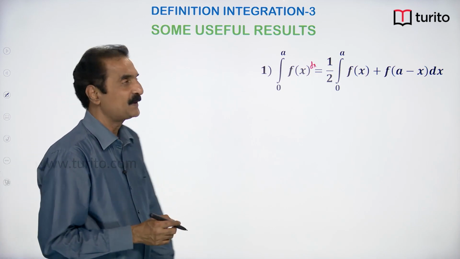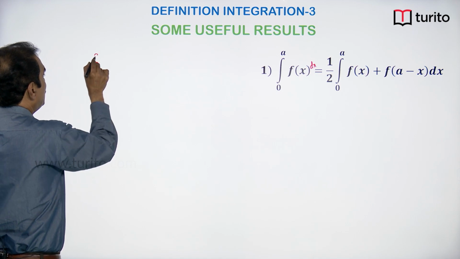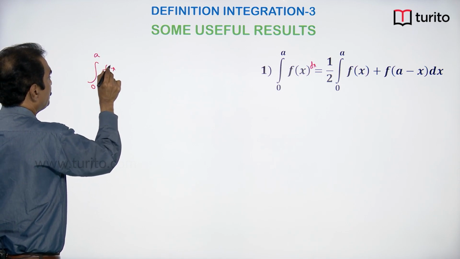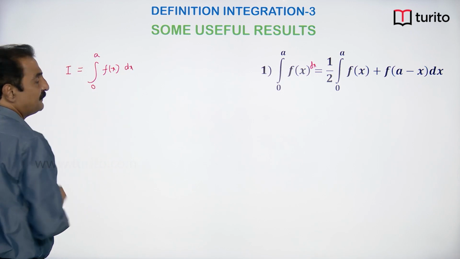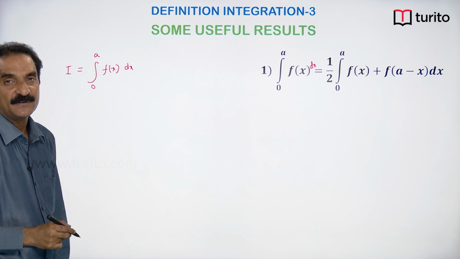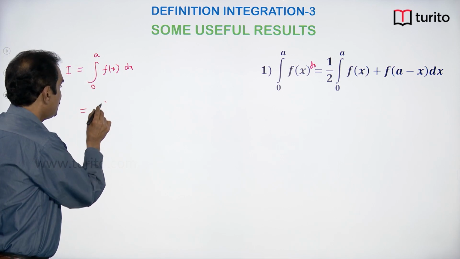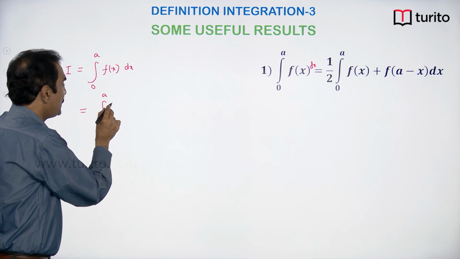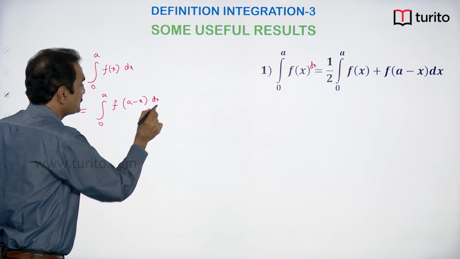It is a very simple property. When the limits are 0 and a, when I is equal to integral 0 to a f of x dx, you can replace x by a minus x. Then it becomes integral 0 to a f of a minus x dx.